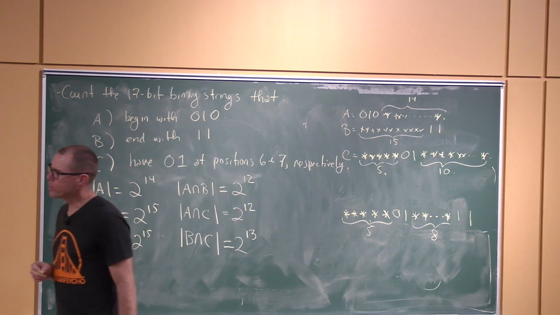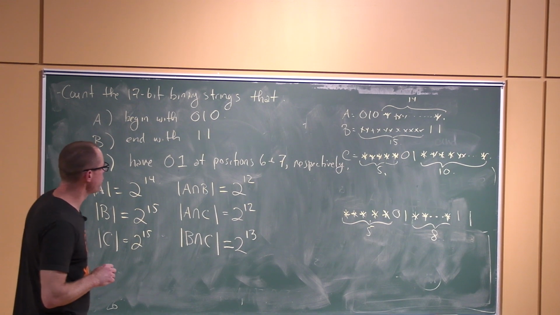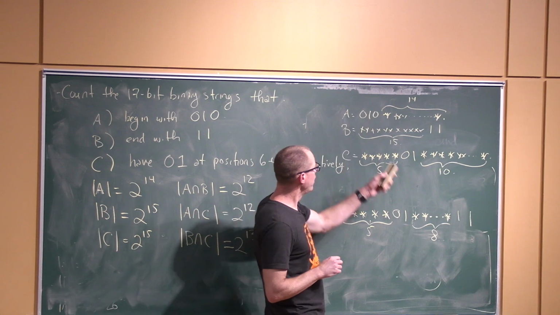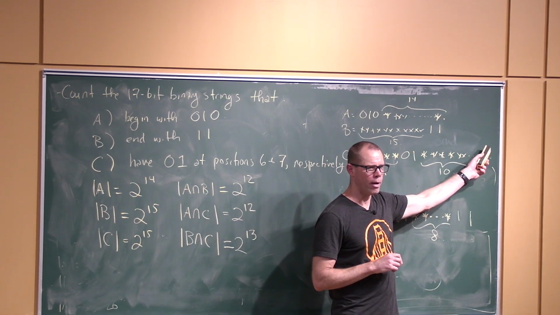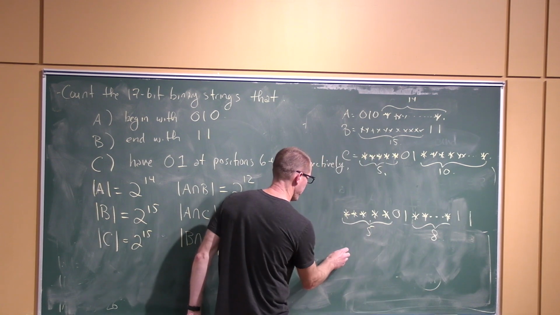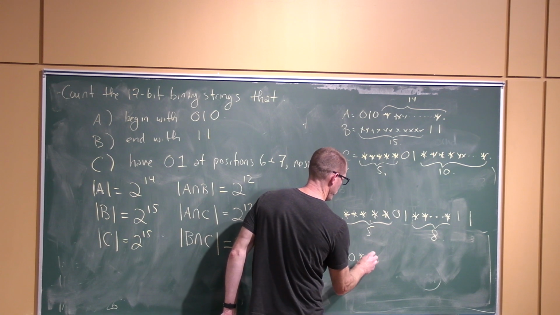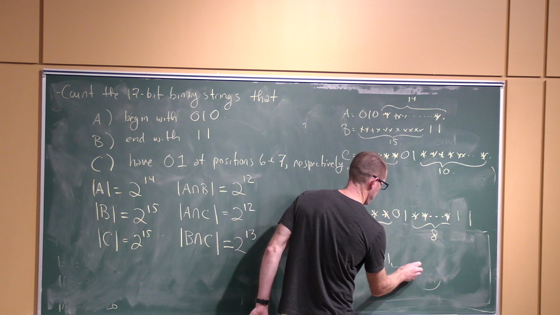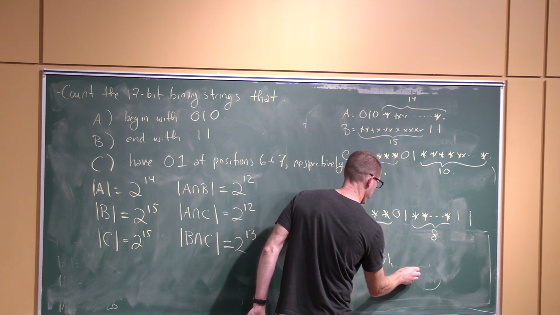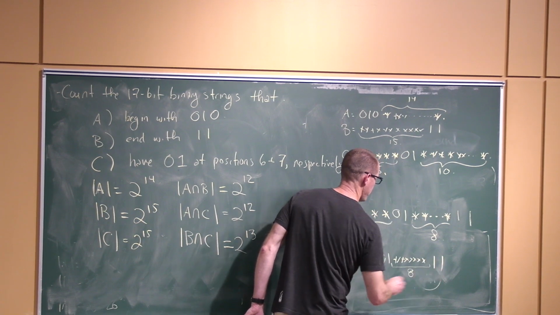And now I have almost everything that I need. Just that last term, I need to add back in all the strings that start with 0, 1, 0 and have 0, 1 at position 6 and 7 and finish with 1, 1. So those look like 0, 1, 0, 2 choices, 0, 1, 8 choices, and then 1, 1.